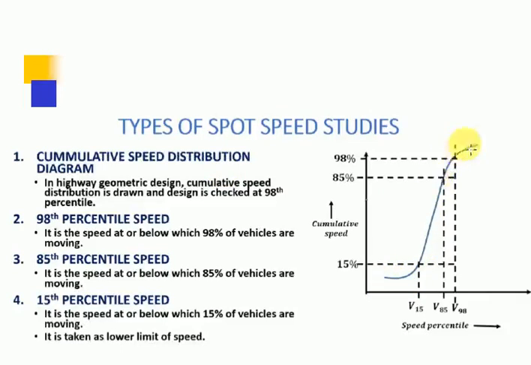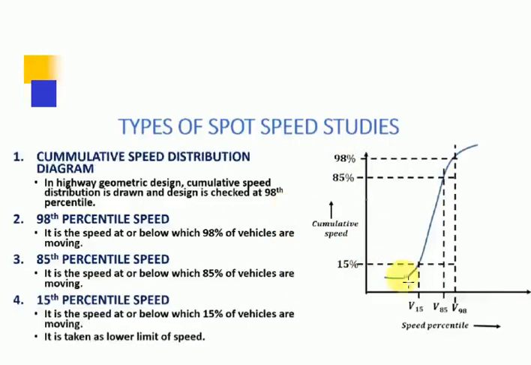You have to plot the graph in this manner, with the cumulative percentage against the speed ranges. This graph is called the cumulative speed distribution diagram. From the diagram, there are certain percentiles: 98, 85, 15.